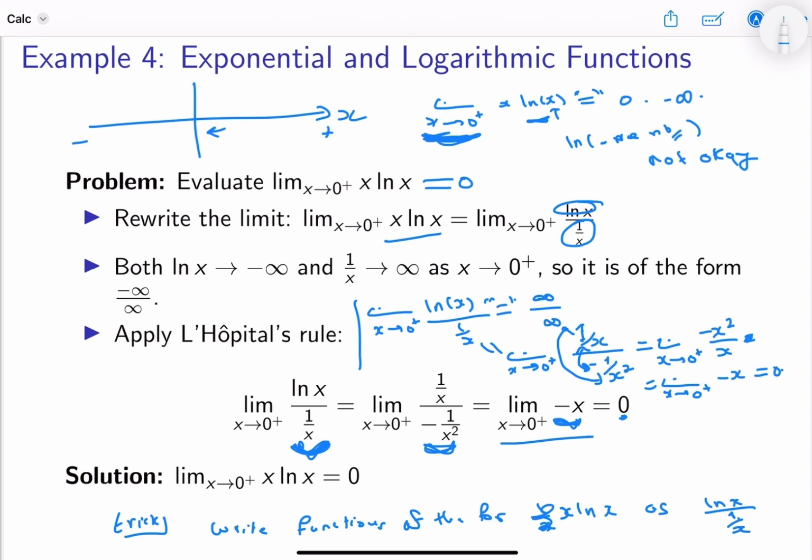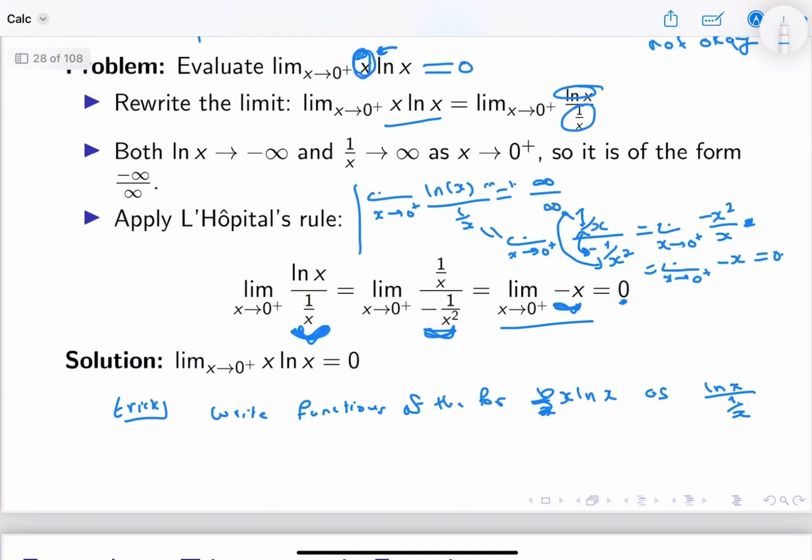So here's one way of thinking about this. Though ln x goes to infinity as x goes to 0 plus, x goes faster to 0. x goes faster to 0, hence it beats the ln x, and thus the limit must be 0. So here's another note.